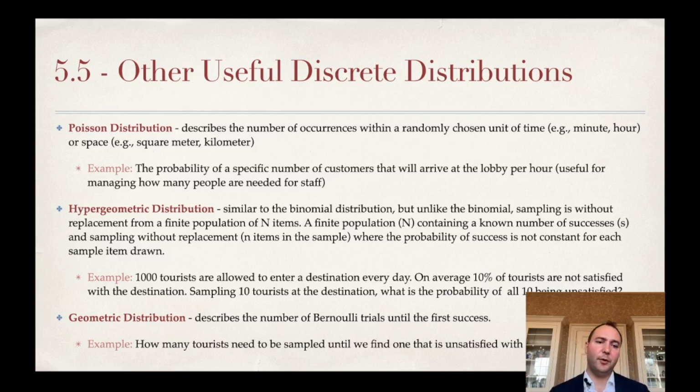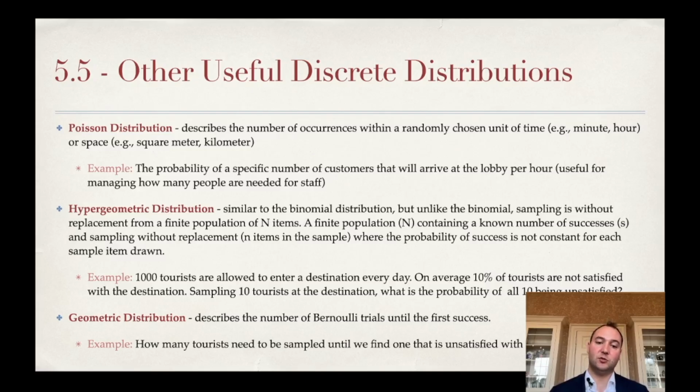Let's look at an example. 1,000 tourists are allowed to enter a destination every day. On average, 10% of tourists are not satisfied with the destination. If you sample 10 tourists at the destination, what is the probability of all 10 being unsatisfied? This is an example that you can solve using a hypergeometric distribution.